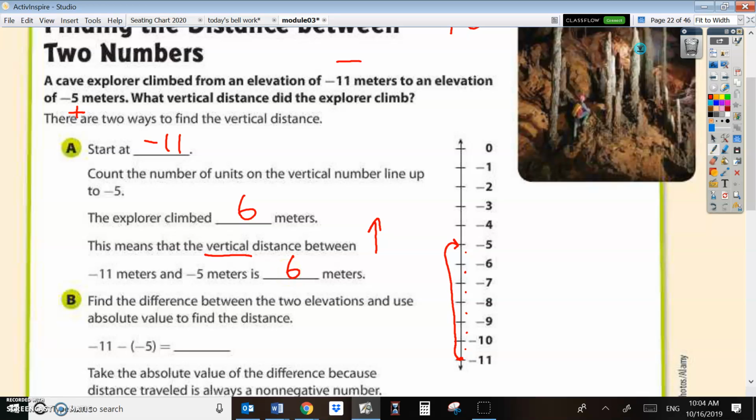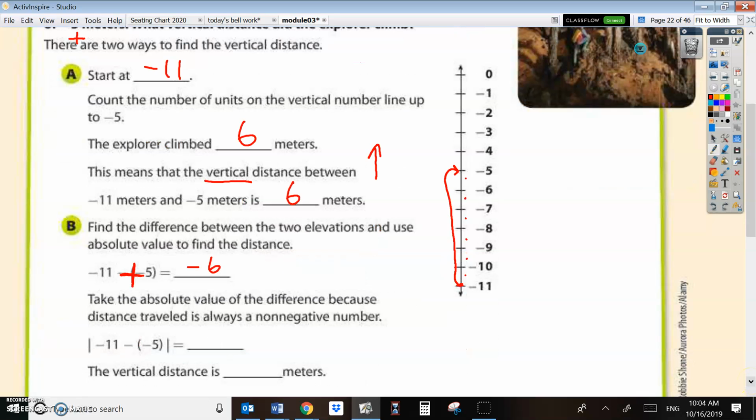So remember, subtracting a negative is like adding a positive, so that equals -6. So take the absolute value of the difference, and that equals 6. Remember, absolute value is positive.